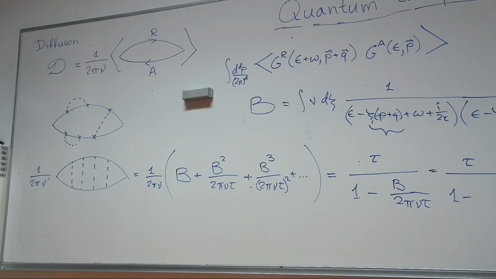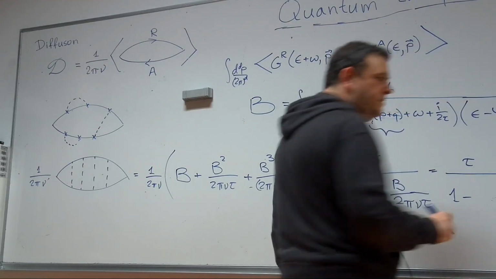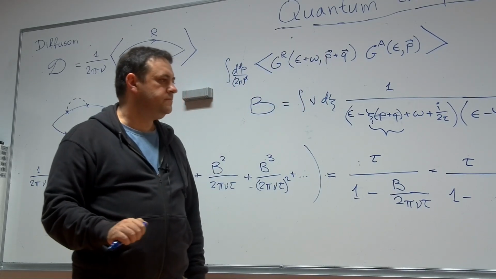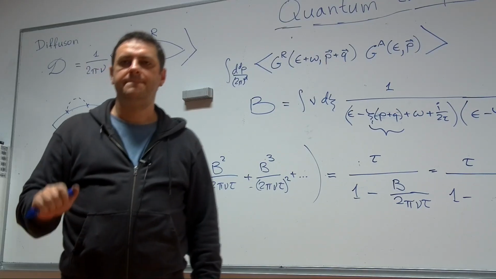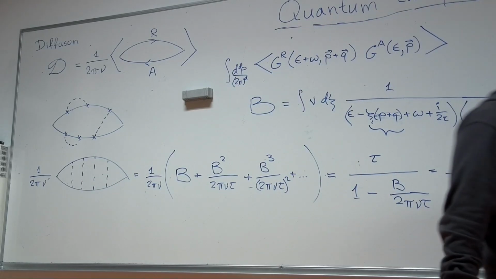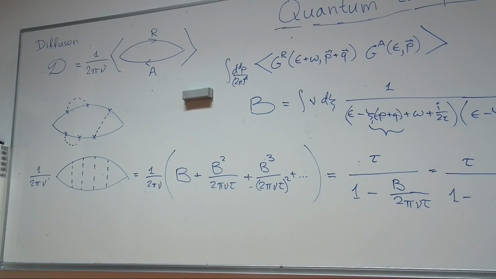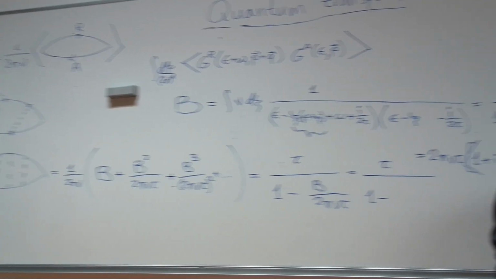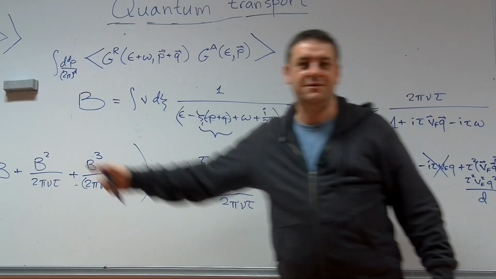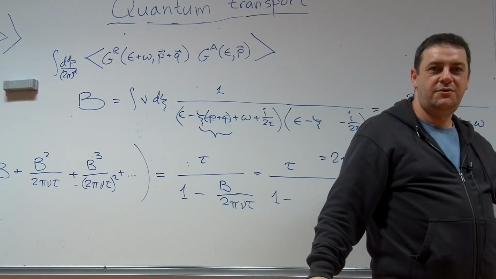Is just all I have here in the brackets. Probably to multiply it by b, because if b is 0, the sum is 0, but the result is B, and these two things are small corrections to unity. I just neglected them. B in the numerator, this one, the first one, is just 2 pi nu tau.